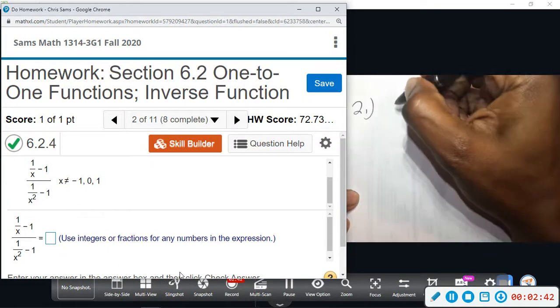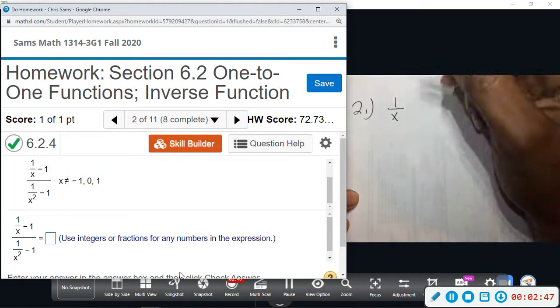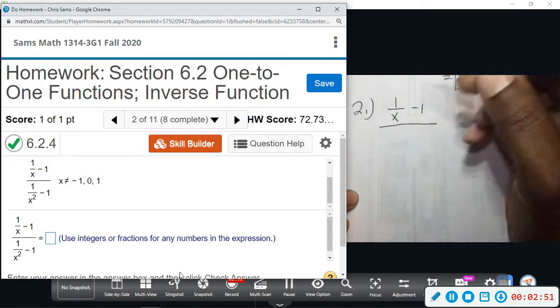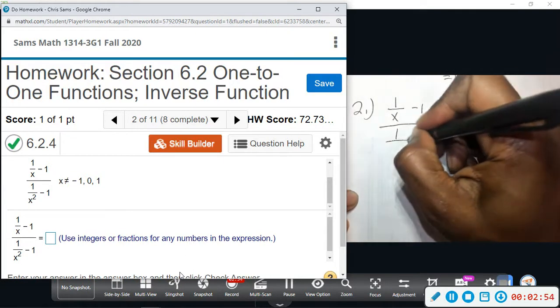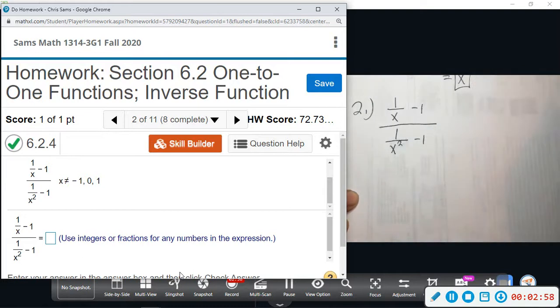So we have 1 over x minus 1, all divided by 1 over x squared minus 1.